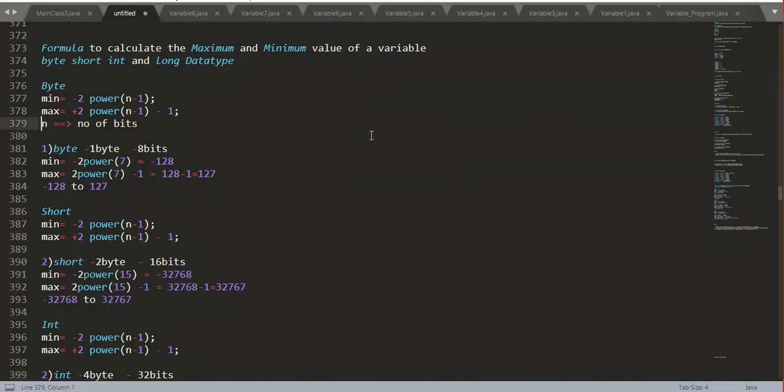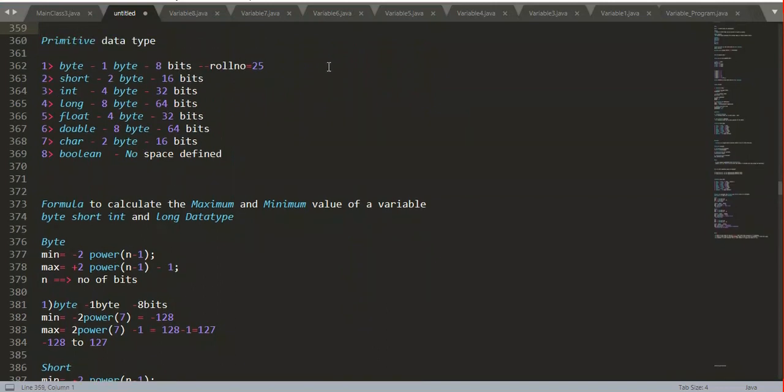If I have minus 25 here, how can I store this? A roll number will not be negative, but I have another value here, which is temperature. Temperature is equal to minus 2 degrees. How can I store this?